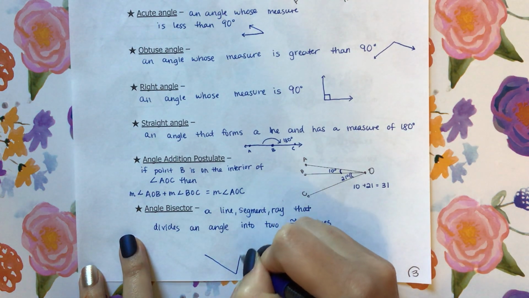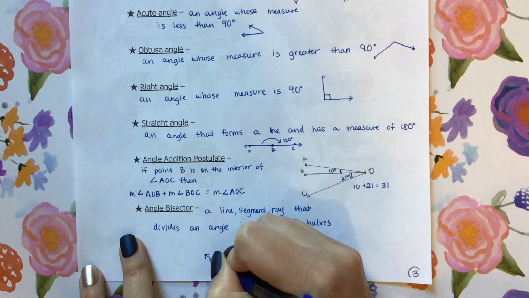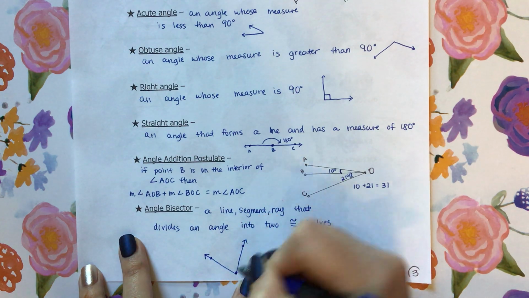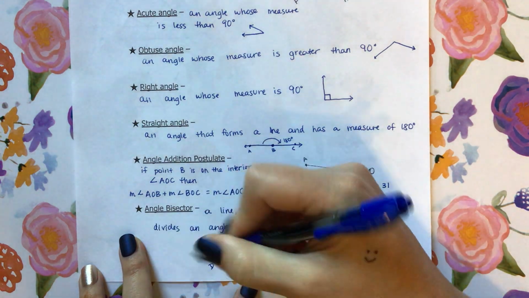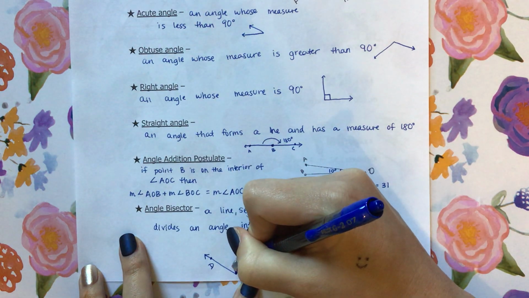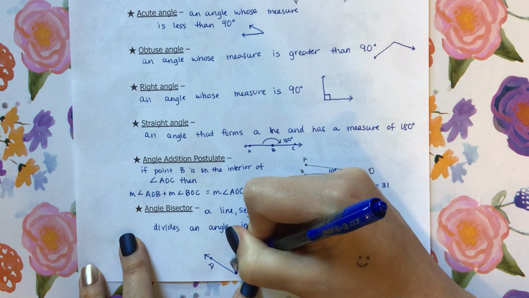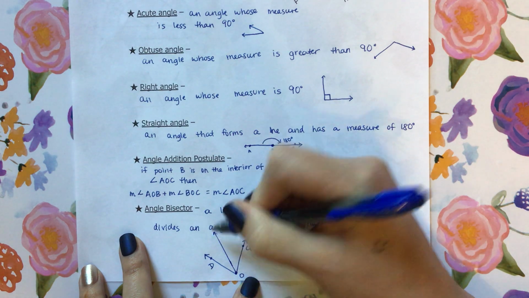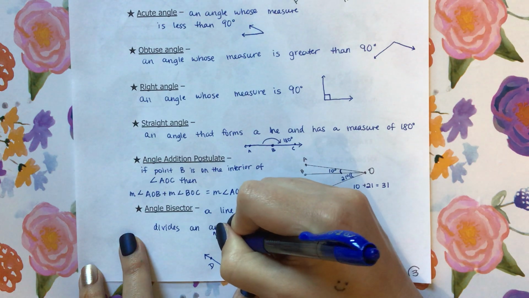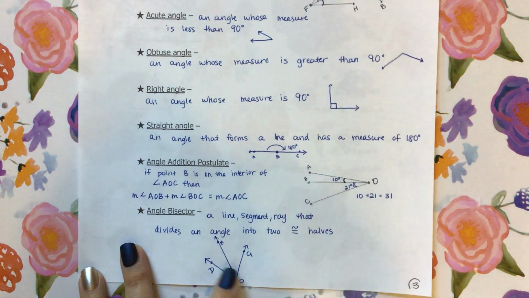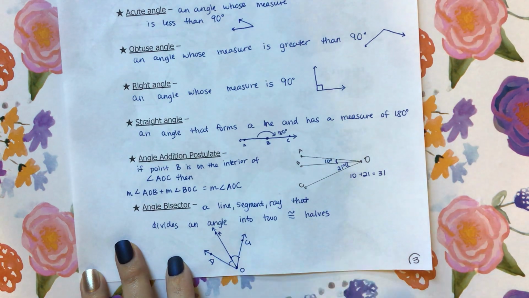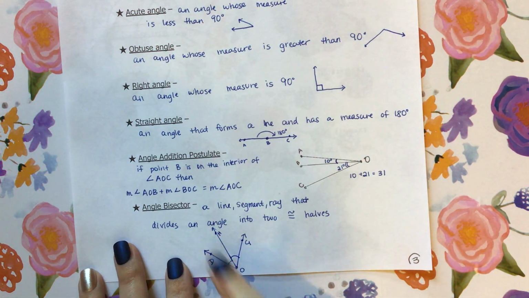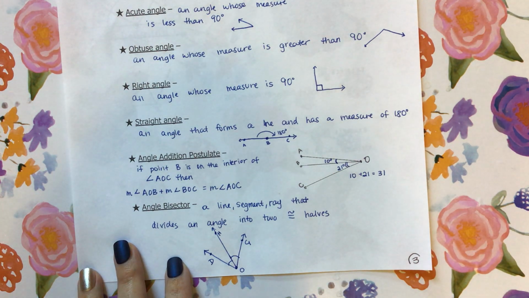Let's say we have an angle like this, DOG, and I'm going to put a ray in here, OH. Okay, well now this angle is congruent to that one, so I know that OH is a bisector, or an angle bisector to be specific.